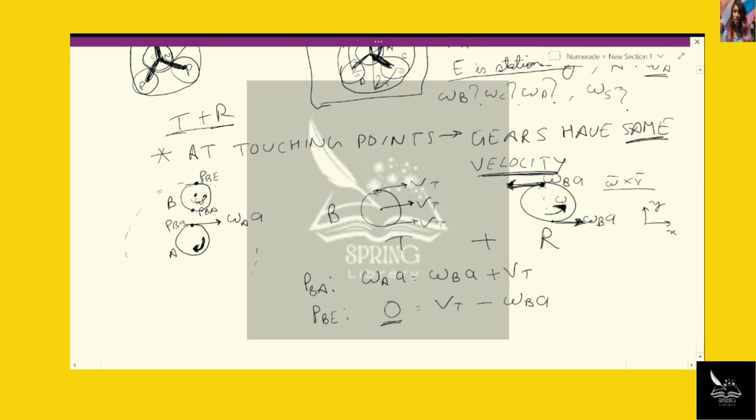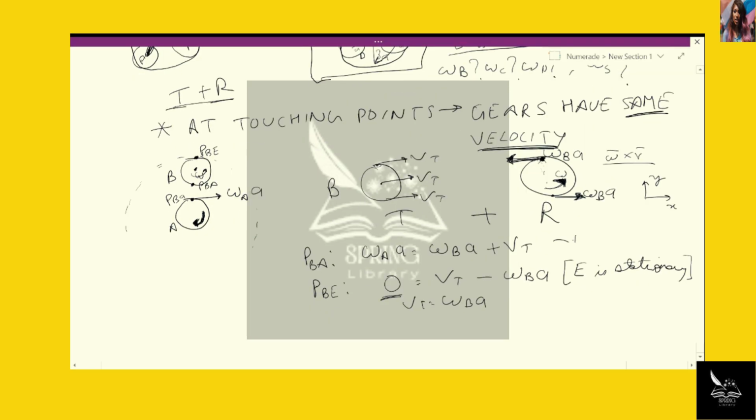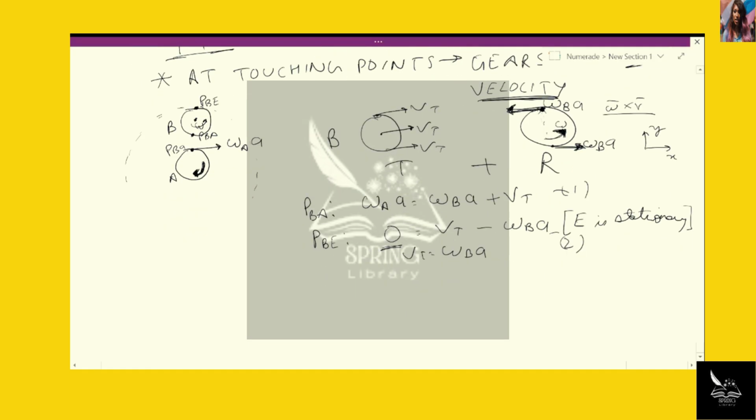And this is because E is stationary. It's given in the problem. Right, so this gives us Vt equals omega BA. So we can call this equation 1, call this equation 2. So then 1 gives us omega A equals omega BA, and then Vt is now omega BA. So then A cancels, and we get omega B equals omega A by 2.